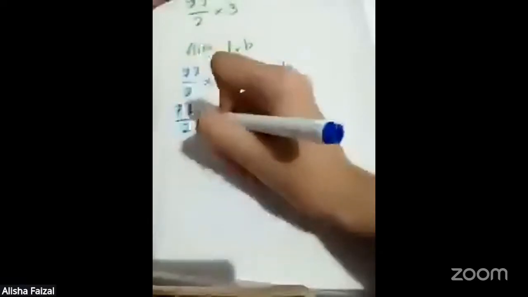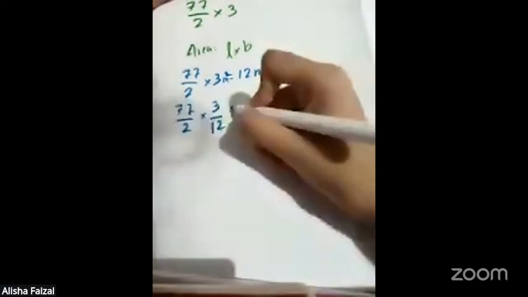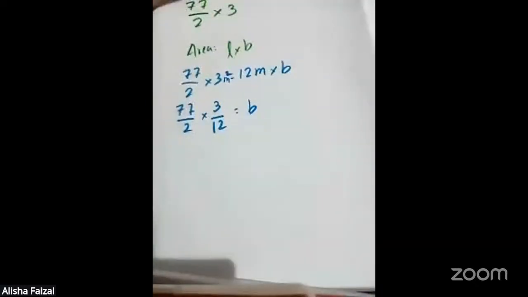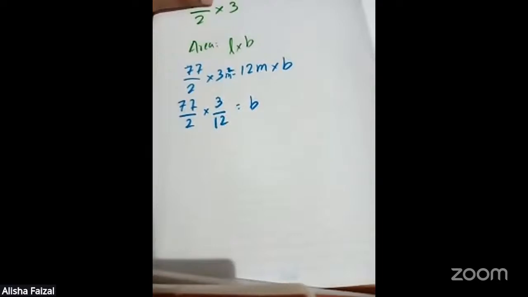Division. Yes. 77 over 2 multiplied by 3 divided by 12 is equal to breadth. Here you can divide 3 and 12. How many 3s are there in 12? 4.